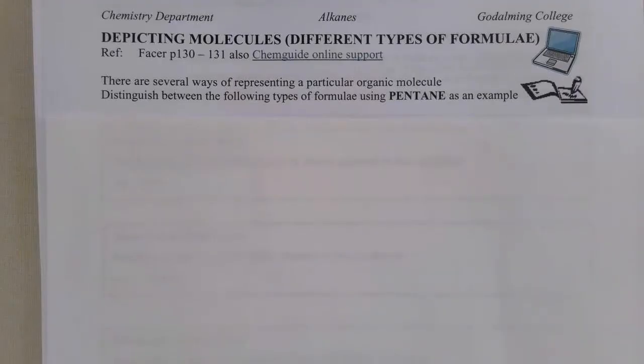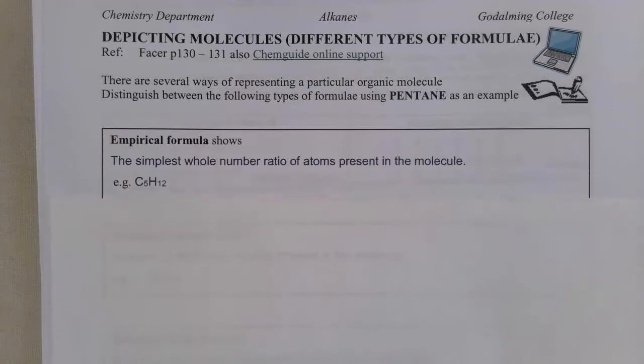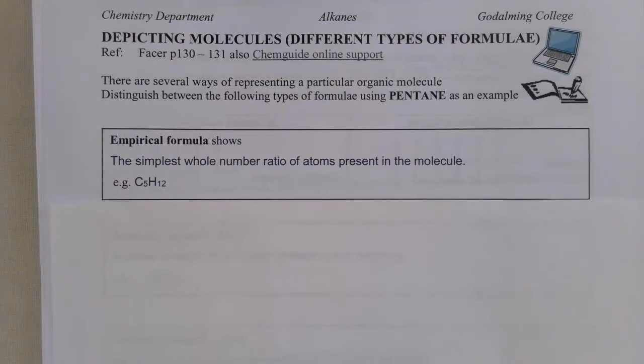So we can depict molecules using different types of formulae. We're going to use pentane as our example. The first thing we could do is give the empirical formula. You've come across that when we were studying moles 1, and it's just the simplest whole number ratio. So it's C5H12 in this case.